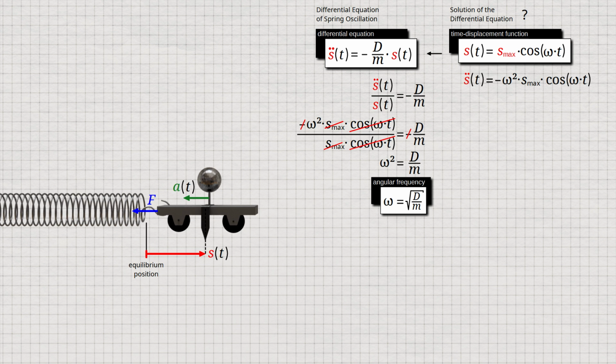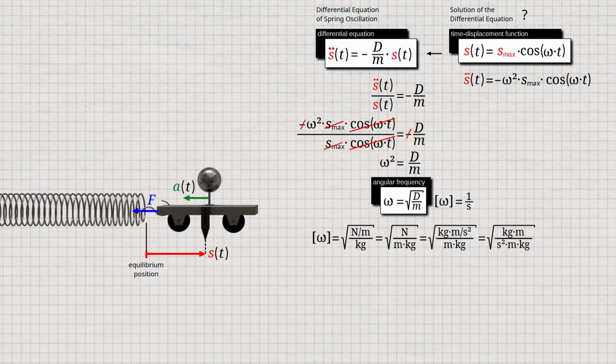This can be verified, among other things, by comparing the units. The angular velocity, omega, has the unit of radians per second, which also applies to the square root expression on the right-hand side. To show this, we express the spring constant in newtons per meter and the mass in kilograms. In this way, we obtain the given expression. According to the basic equation of mechanics, the unit of force can be expressed as the product of mass and acceleration.